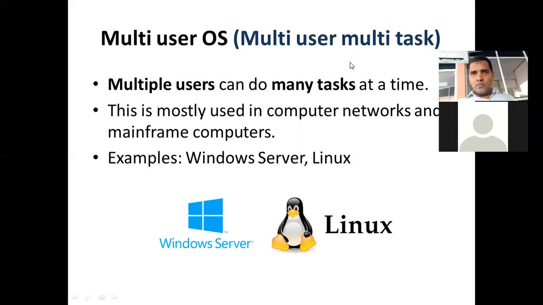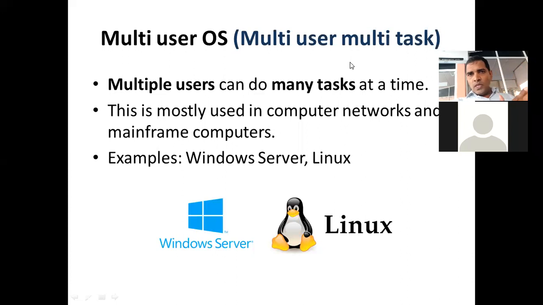All these 49 computers can access that particular server, and they do many tasks at the same time. So how many operating systems are installed in the server? Only one. That single operating system is being shared with 49 other computers.